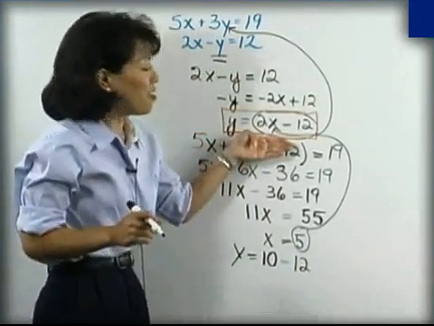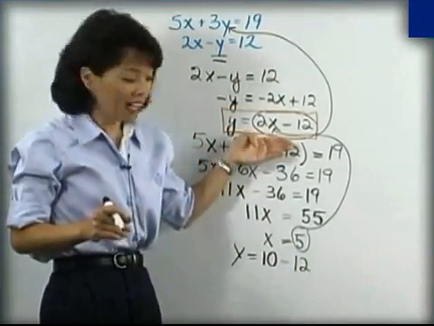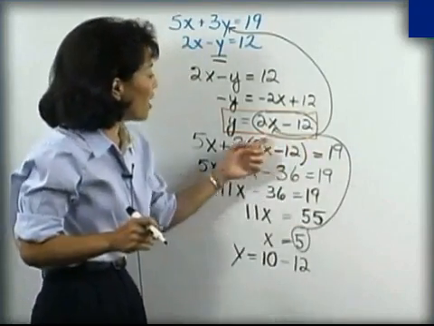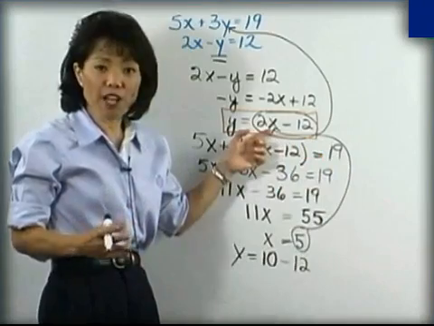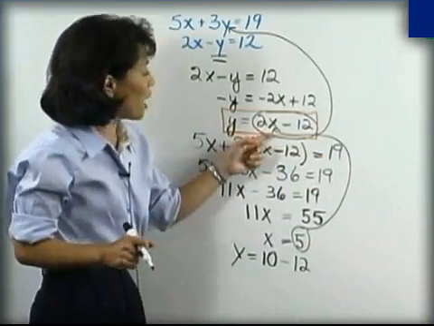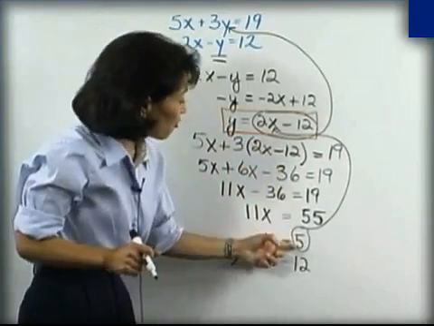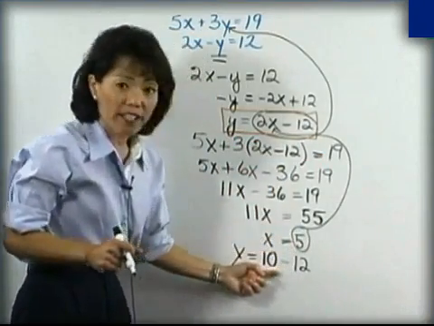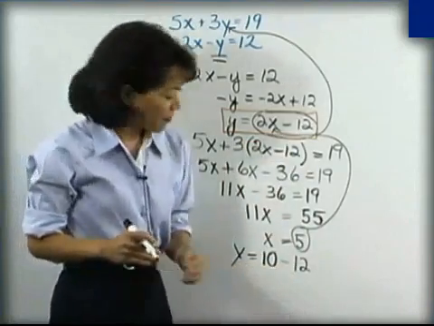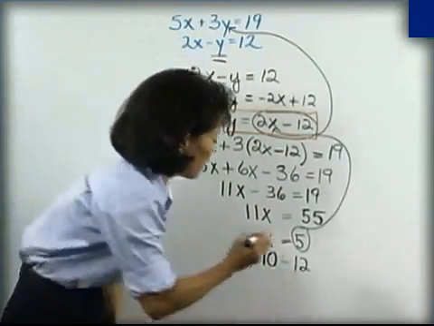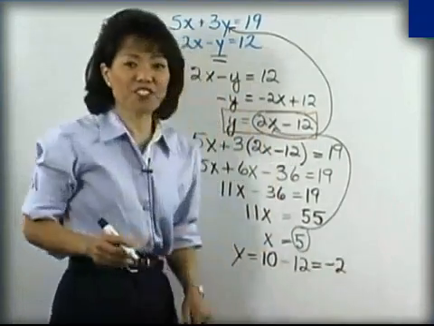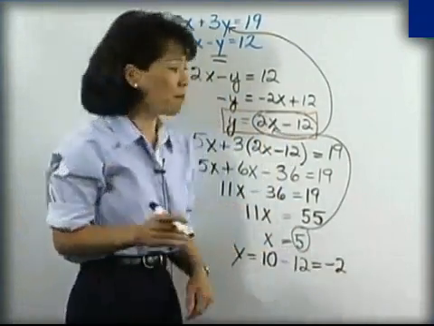We go back up to this equation that's solved for y. Since we have x equals 5, we take that value and substitute it into the equation for x. That gives me y equals 2 times x, but x is 5, which gives me a product of 10 minus 12. And there we have it. So y is equal to 10 minus 12, or y is equal to negative 2. So what does that mean?